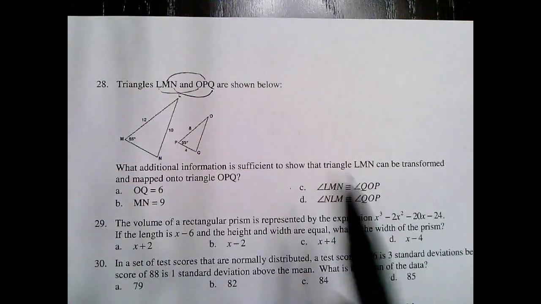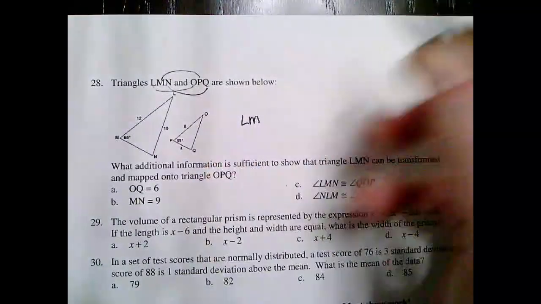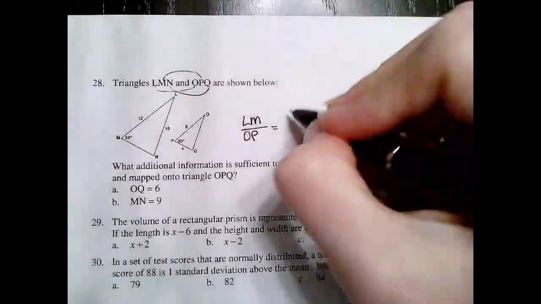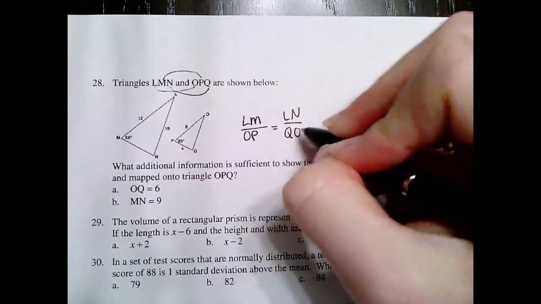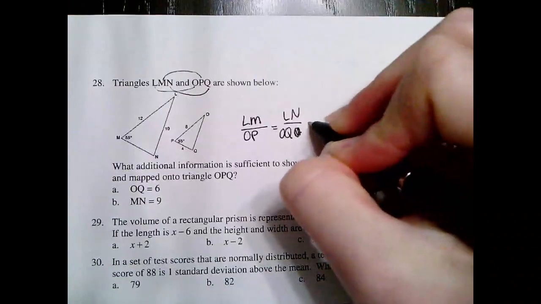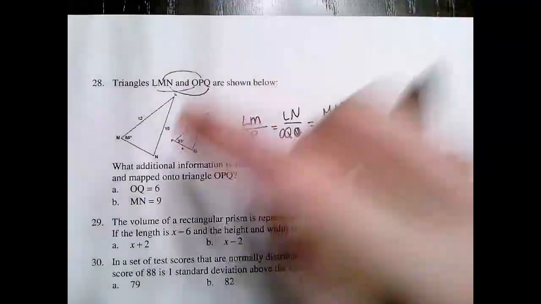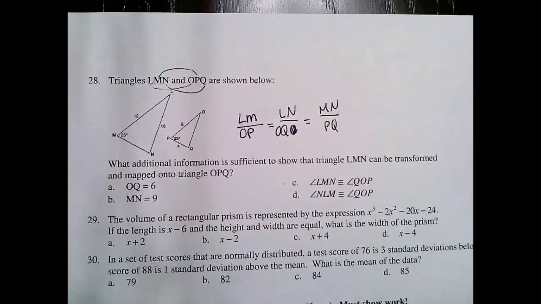So this would mean that LM divided by OP is proportional to LN divided by OQ, and that's proportional to MN divided by PQ, okay? So just so you remember what proportions mean.